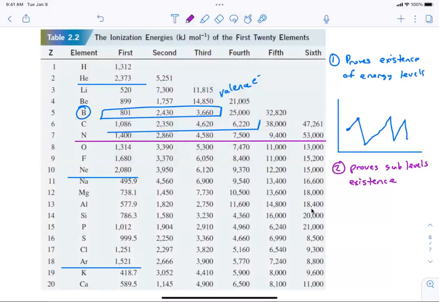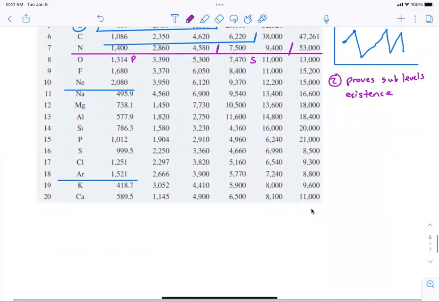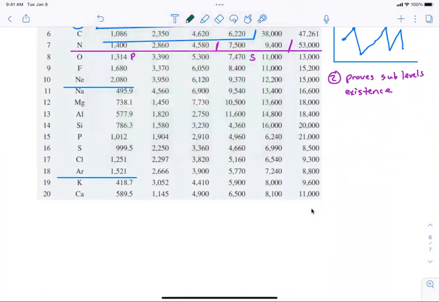With nitrogen, you see the big jump after 5, which makes sense because nitrogen has 5 valence electrons. But there's a slightly smaller big jump that happens right here, a 3,000 jump where none of the other ones are a 3,000 jump. And what that tells you is that these are p electrons and these are s electrons. So the biggest jump is always the energy level, but the second biggest jump, let me write this down here so y'all can write this down, because I do want to label this.